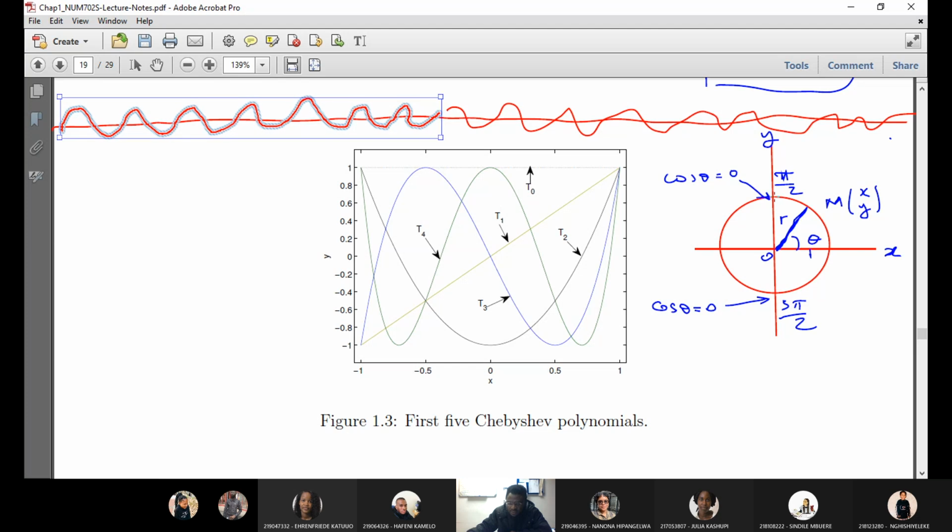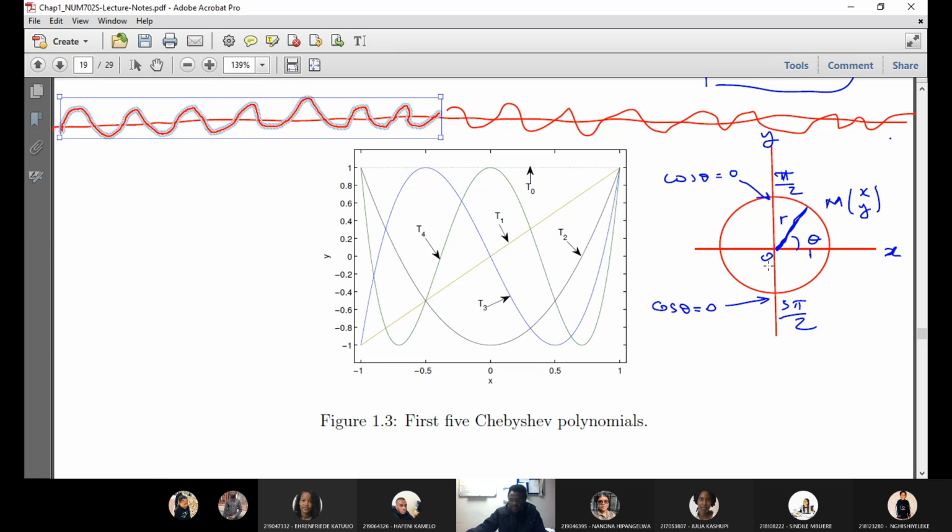If I'm here on the y-axis and I project to read the x value, which is the cosine, cosine will be 0. So each time I rotate like this and the point is here or there, it will give me the value of x. Similarly, at this position, the graph will intersect with the x-axis. All right.